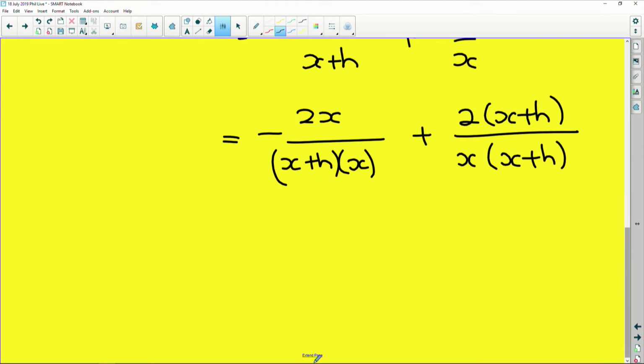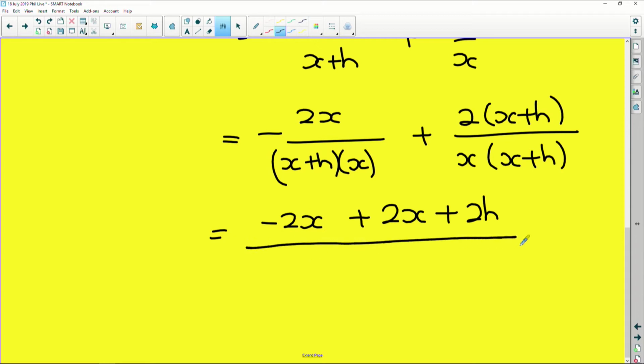Okay. So now we just keep going and we simplify this out. I'm going to just simply rewrite the numerator in terms of just the numerator. So we're going to have negative 2x plus 2x plus 2h. And the denominator is all the same thing. It is x into x plus h. So we're going to have x squared plus xh.